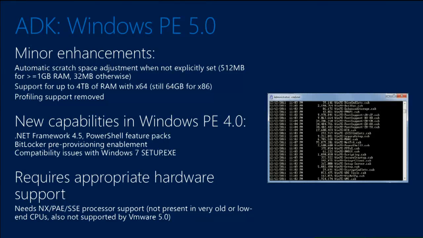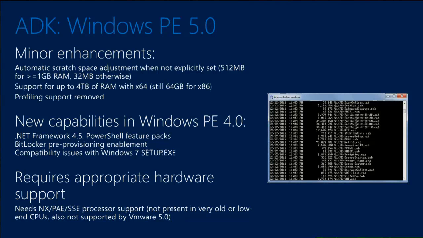There have been updates to the components that are present in Windows PE. The names of them have changed a little bit for the .NET framework and for PowerShell. So if you're building boot images yourself and you've got, say, a batch file or a script to do that, you might need to tweak the script to specify the new component names.